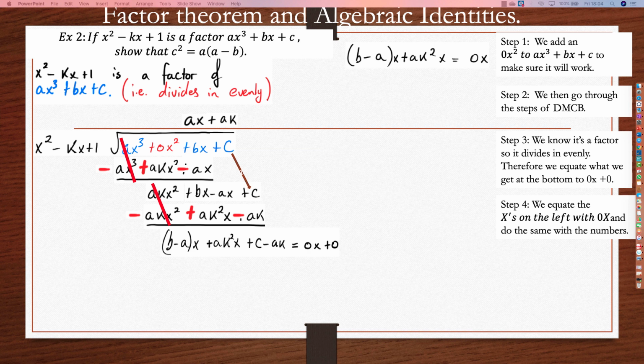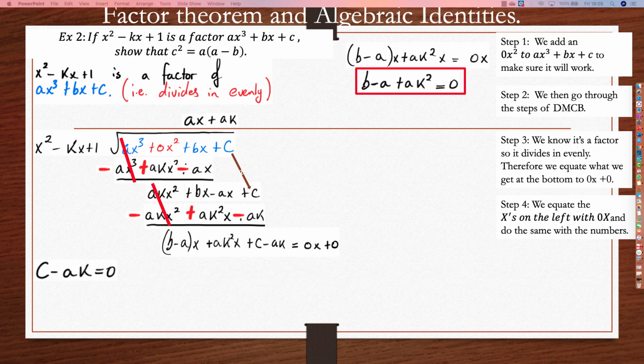We can knock all of our x's. They're gone. Is that right? And we can say c minus ak is equal to 0. So we've left all of our x's equal to our 0x, and we've left anything without an x equal to 0. Right. We knock those. b minus a plus ak squared is equal to 0, and c minus ak is equal to 0. So far, we've answered the question fully.